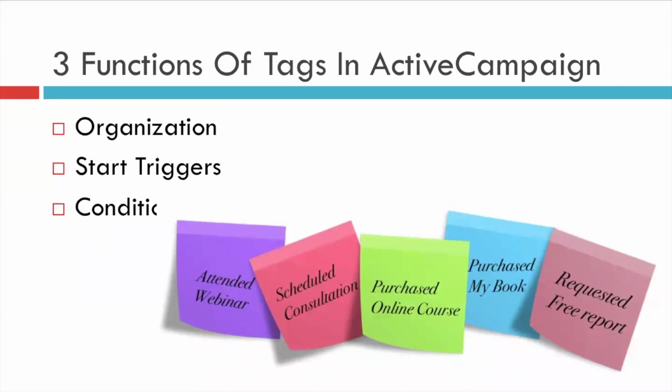Also, I'm sorry, but this third item is hidden, and what it says is conditional content. In ActiveCampaign, you can send an email and have slightly different content inside the email depending on tags. I'll give you an example.